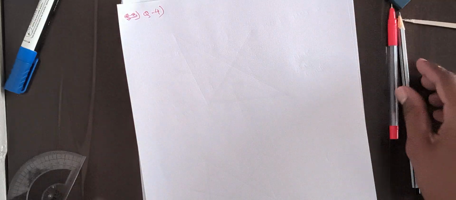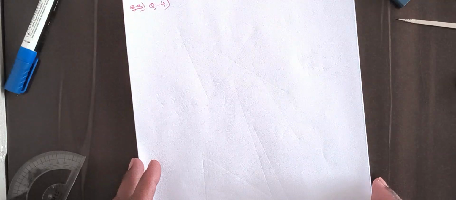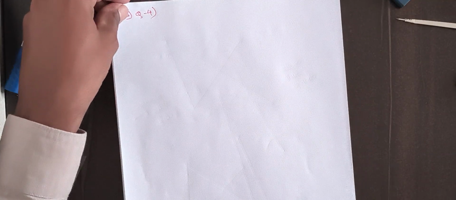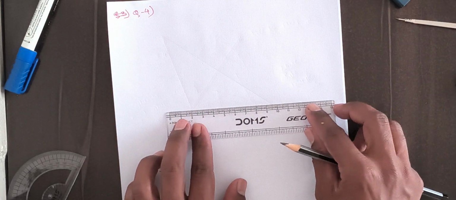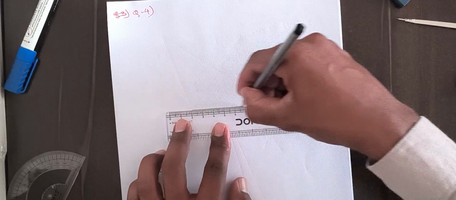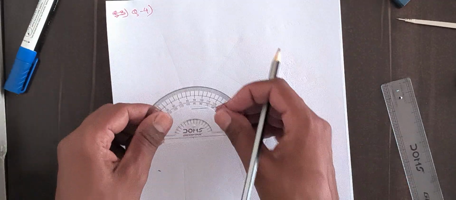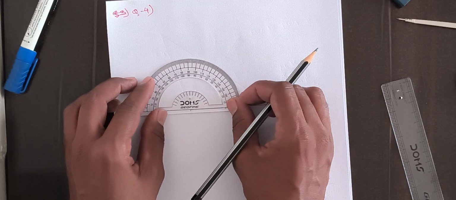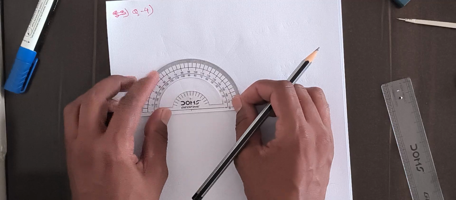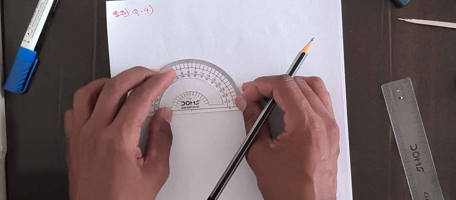Once again they told us to draw a right angle triangle and the perpendicular bisectors of its sides. It is a line, then I need to go for a 90-degree angle, it should be exactly 90, then only it can match.